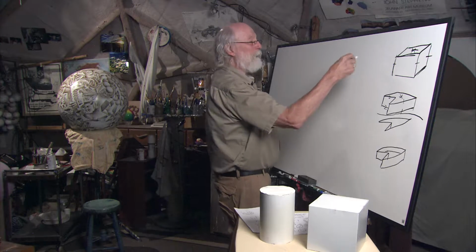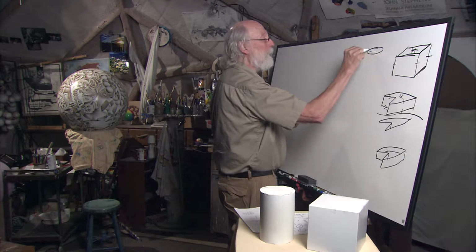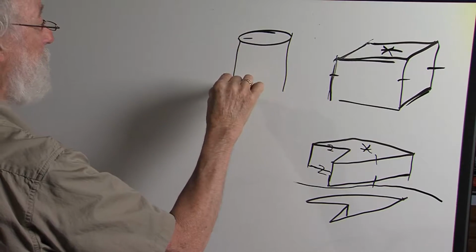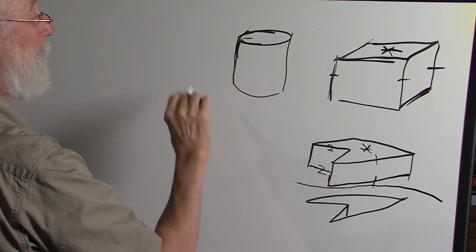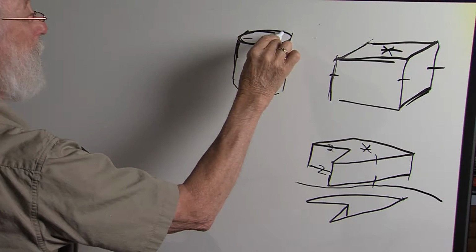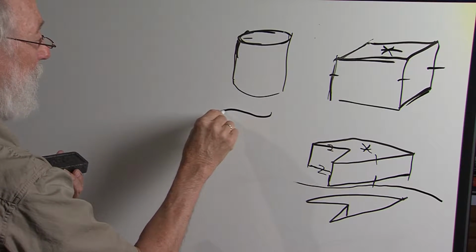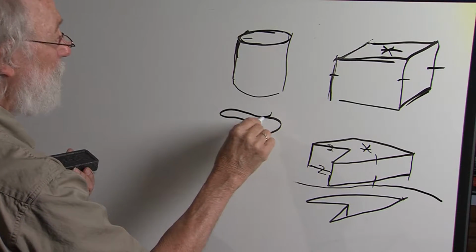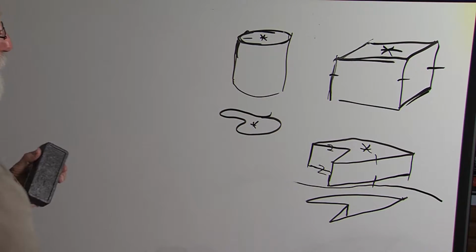And you do the same thing with cylinders. So I'm going to actually start with a cylinder here and realize that we're coming off the outside edge of the curve. Things are hidden from you as they go around the corner. That's what creates that line. But what if we have an organic shape like this for this top? So instead of doing the top like that, you do the top like this.